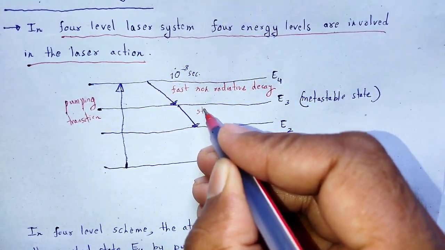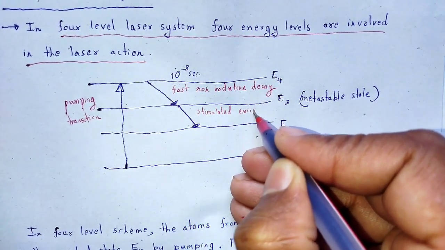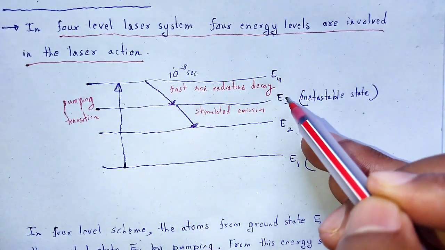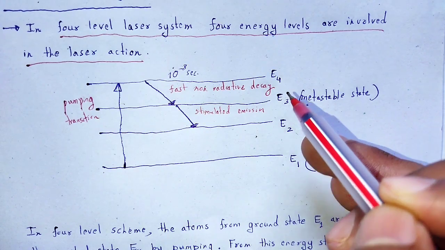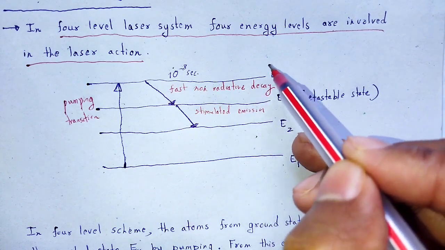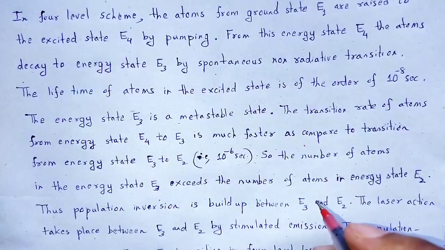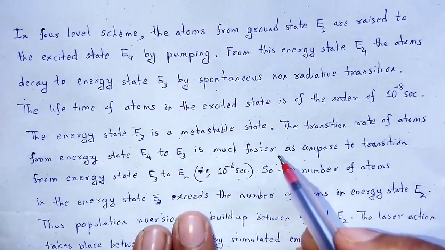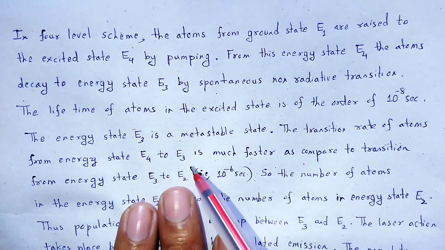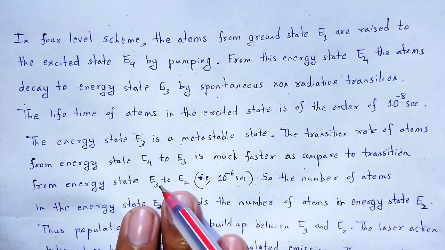Due to the process of stimulated emission, the transition time from E4 to E3 is much faster in comparison to the transition time from E3 to E2.